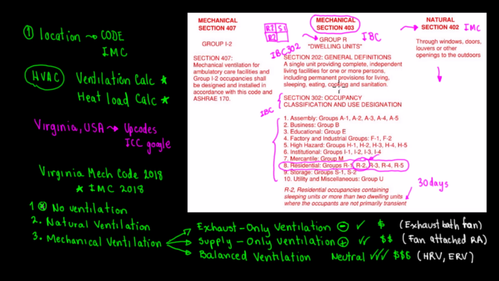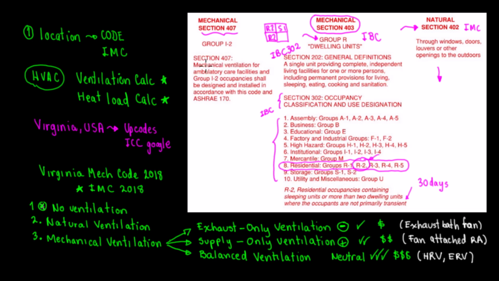And finally, we're going to have the other mechanical section, which is mechanical section 407. Mechanical section 407 mostly refers to group I2. What is I2? Here we see institutional groups I1, I2, I3, I4, and also healthcare.